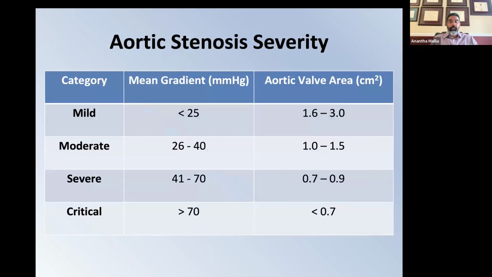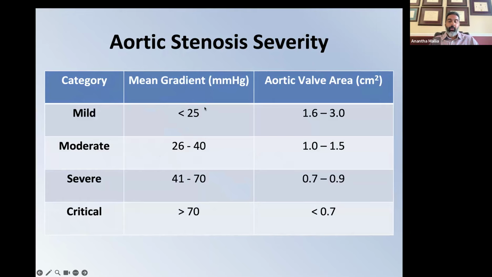And you guys know this from medical school and residency, that these two methods for describing and categorizing AS severity are described here. So like I said before, as the aortic stenosis severity goes from mild to severe to critical, one way of looking at it is by measuring the pressure gradient. So the higher that pressure gradient is across the aortic valve, the worse the stenosis is going to be.